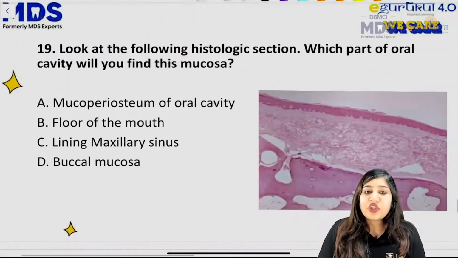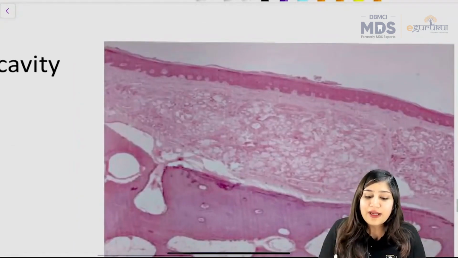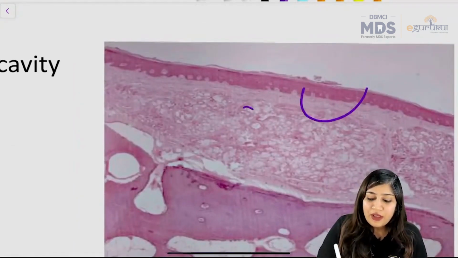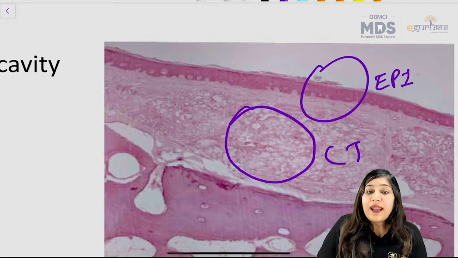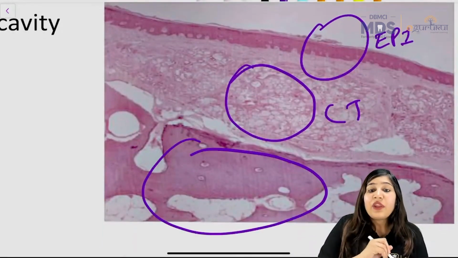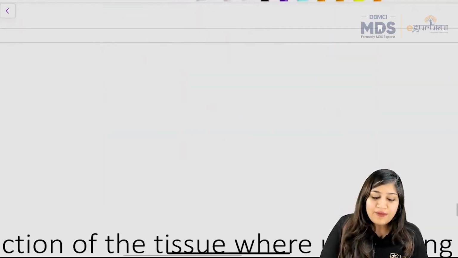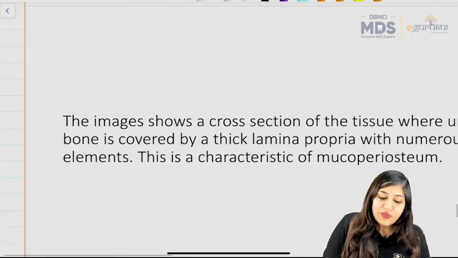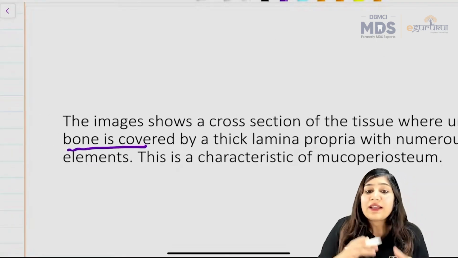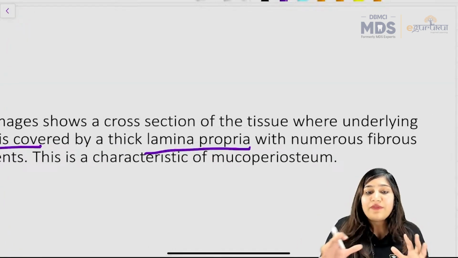Look at the following histologic section. In which part of the oral cavity do you find this mucosa? In this diagram, what we can appreciate is epithelium and connective tissue. This is our epithelium. This is our connective tissue. And here, this is the bone portion, right? We are able to see bone that is covered with connective tissue, that is lamina propria, with numerous fibrous tissue.